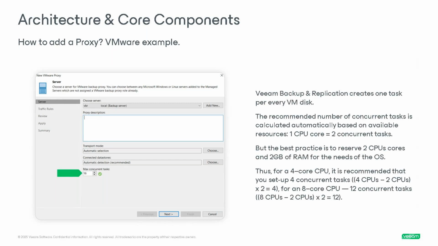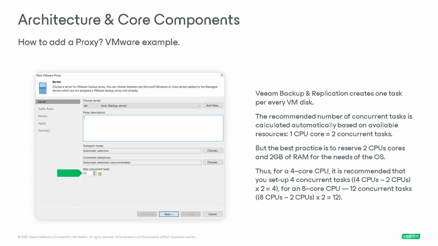Max concurrent tasks is essentially how many VM disks can be processed by that proxy at any given time. A good rule of thumb is 1 CPU core equals 2 concurrent tasks. One nice thing is if you hover over that green check mark, it'll tell you how many possibly could be allocated there.